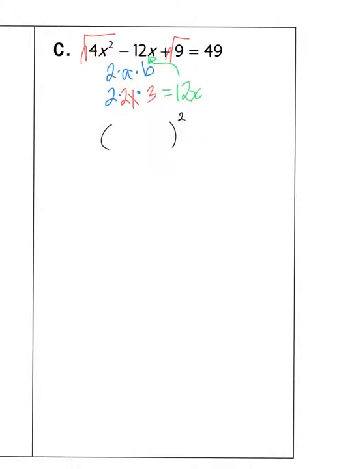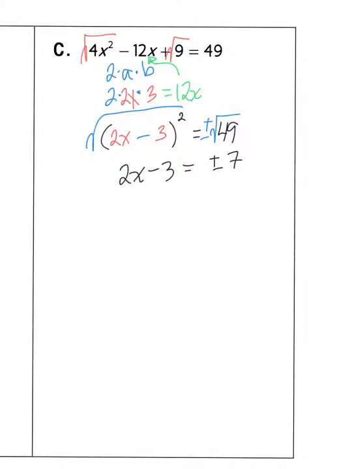So I know that it's a squared binomial equals the 49. Inside, I get a 2x and a 3. The middle sign is negative, so the middle sign in here is negative. Then I can take the square root of both sides and plus or minus the square root on the right. So I get 2x minus 3 on the left and plus or minus 7 on the right.